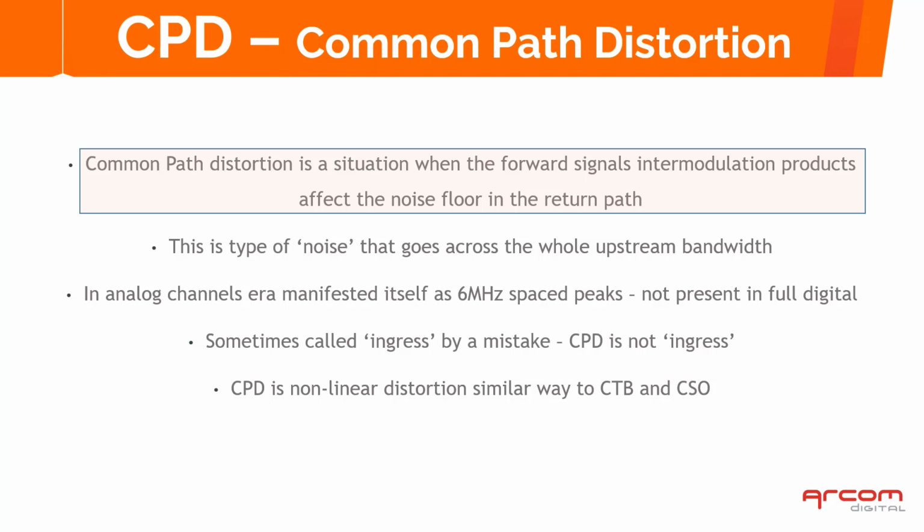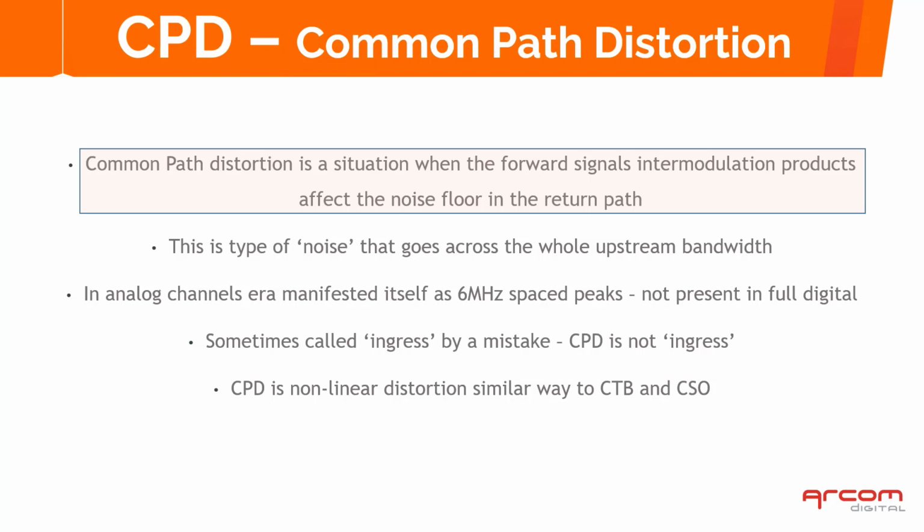We talk about common path distortion when the forward signals that go through a corroded connector or other nonlinear junction are creating intermodulation products that affect the noise floor in both the downstream and the upstream.